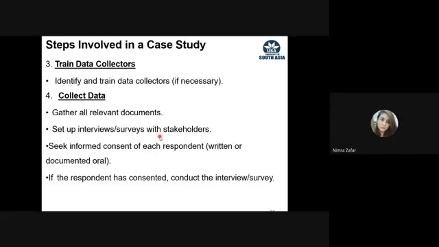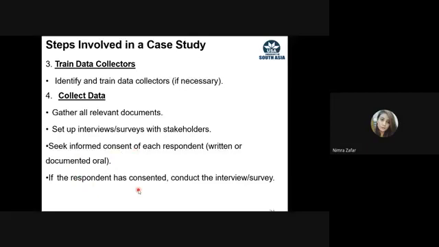Then we have to train the data collectors: identify and train data collectors. We have to collect data, gather all relevant documents, set up interviews or surveys with stakeholders, and seek informed consent of each respondent, written or documented oral.